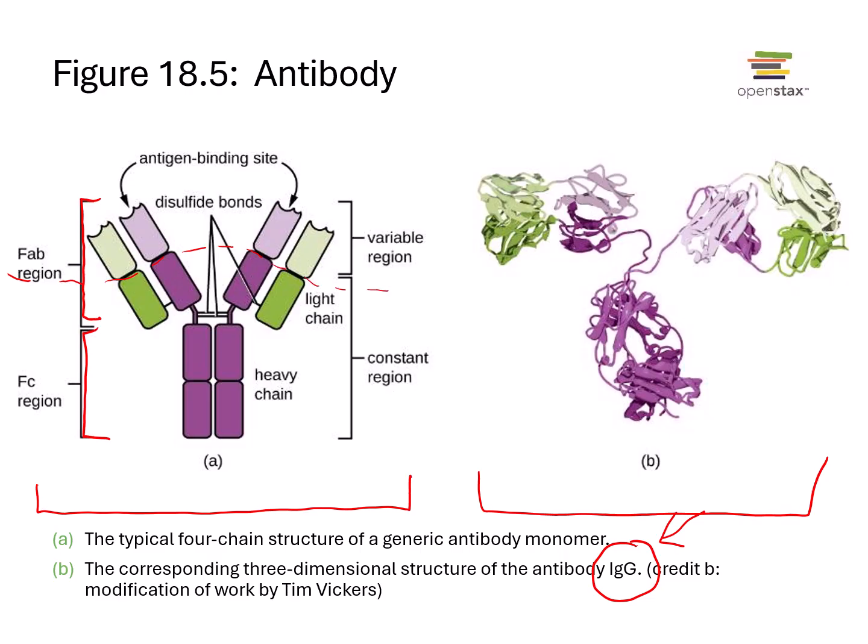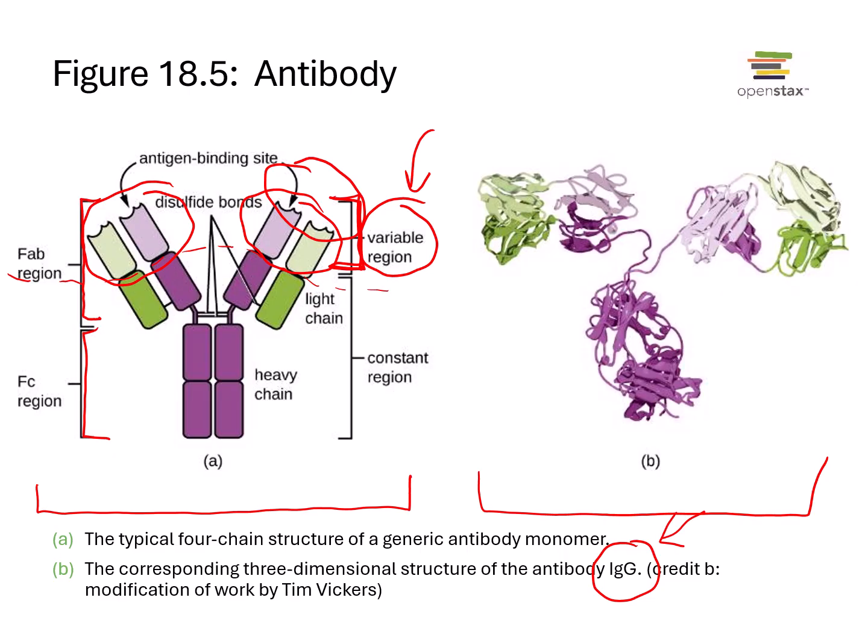You can see that the top half of the antigen binding region is called the variable region, just from here to here. That is going to change. It's going to be different from one antibody to the next because it determines the epitope specificity. They are very specific to what they're going to bind to.